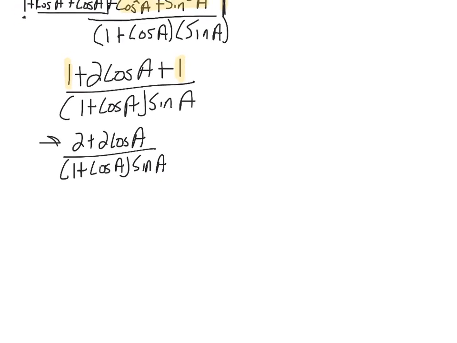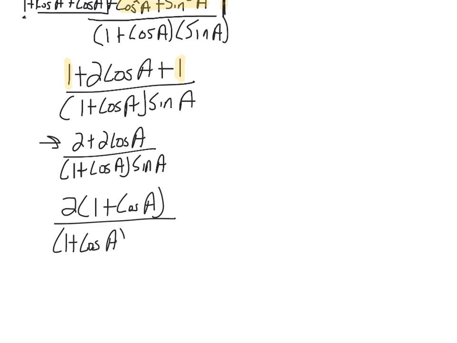In my numerator, I'm going to factor a 2 out of each term. 2 times 1 plus cosine a over, maybe some of you can see where we're going with this, 1 plus cosine a times sine a.